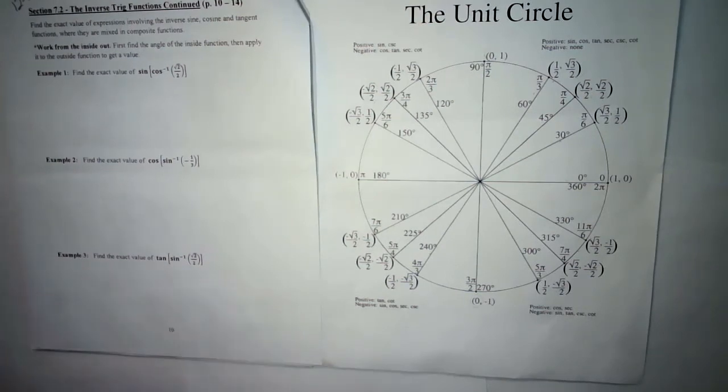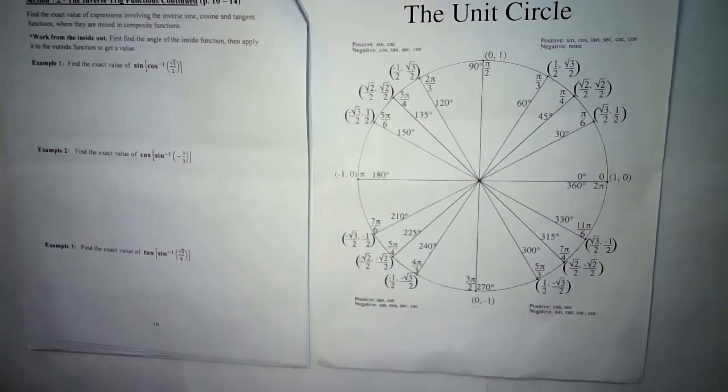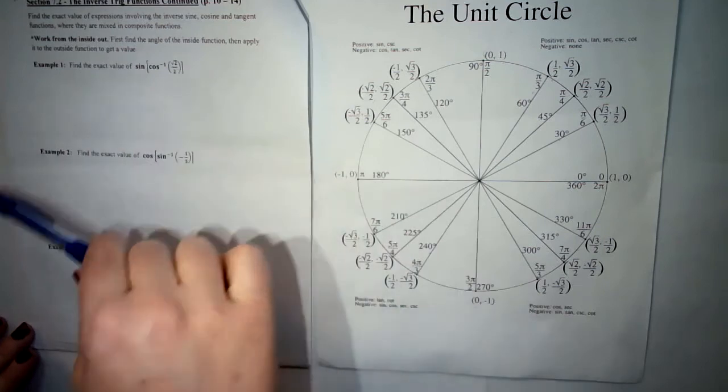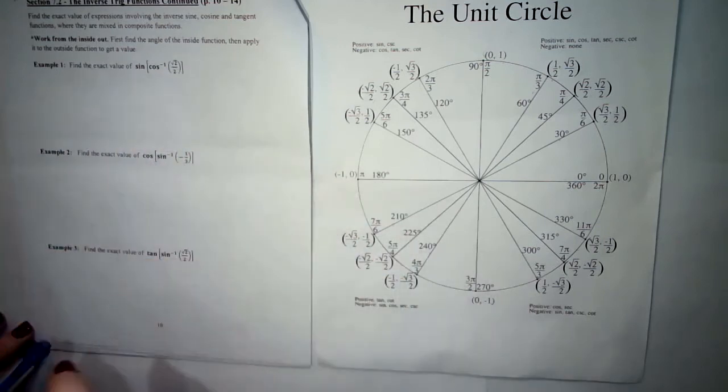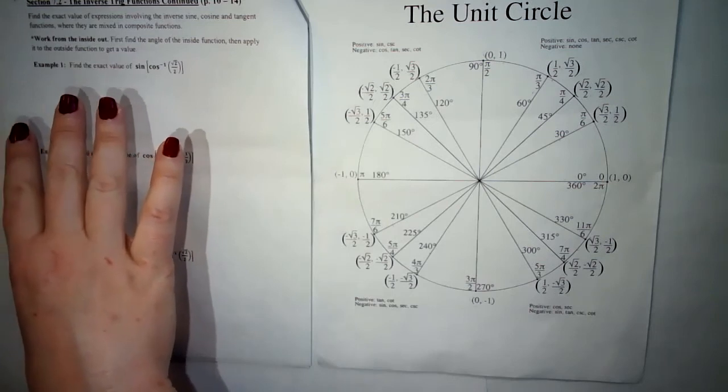All right, so really all you're going to need to be remembering here: cosine, quadrant 1 and 2; sine and tangent inverse, quadrant 1 and 4. But our order of operations is going to take over here. So even though it looks like it's going to be really hard, it's not, okay?